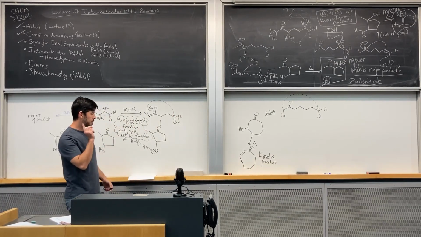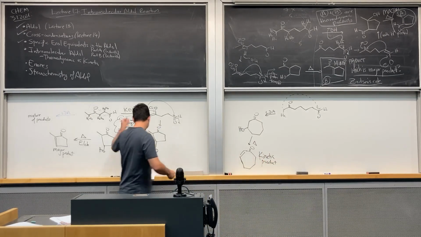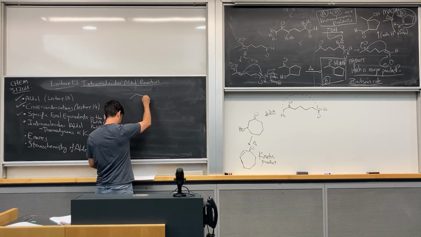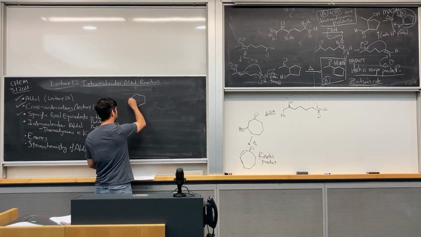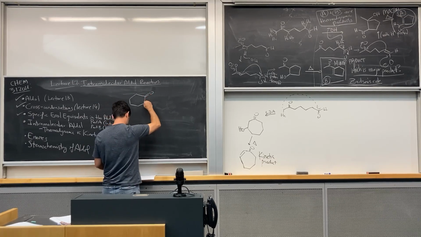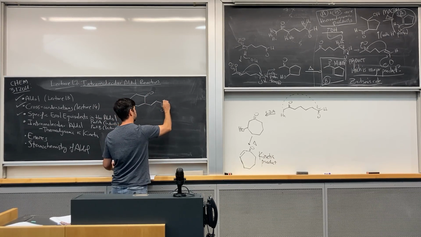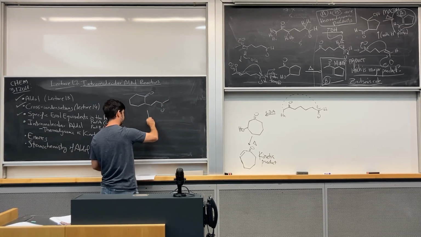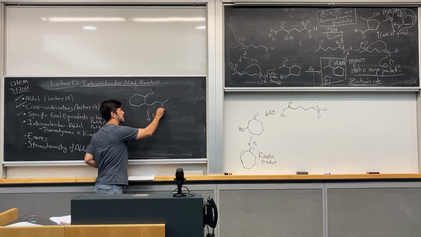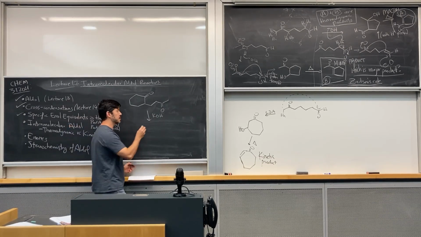All right, and then the last thing I just want to talk about with respect to intramolecular aldol reactions is this here. If we take this compound, treat this with potassium hydroxide, we actually have two different scenarios as well.